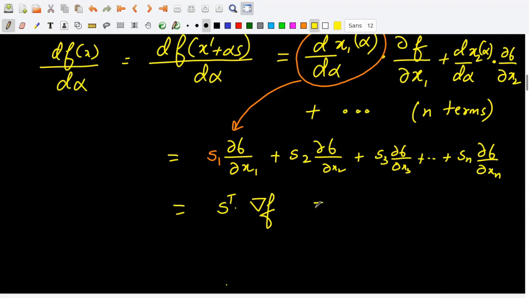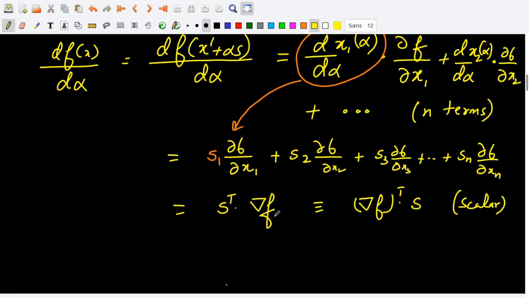This is also the same as gradient of f transpose s, and this is really a scalar. Because we are measuring the rate of change of f with respect to alpha, which is a scalar, and f is scalar valued, so this has to be a scalar.